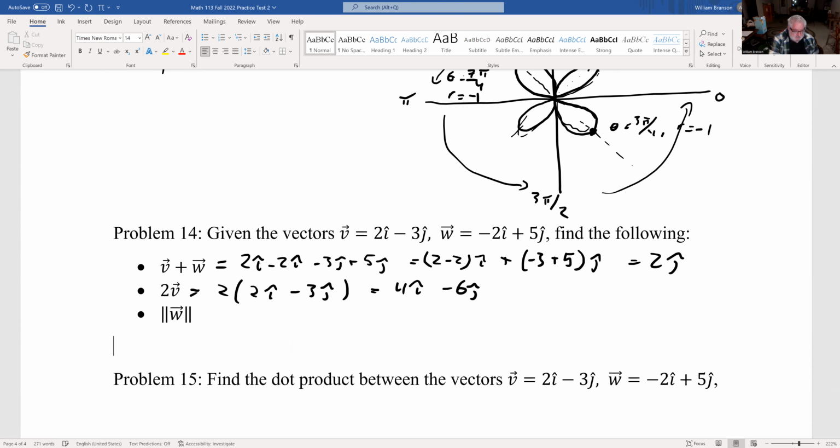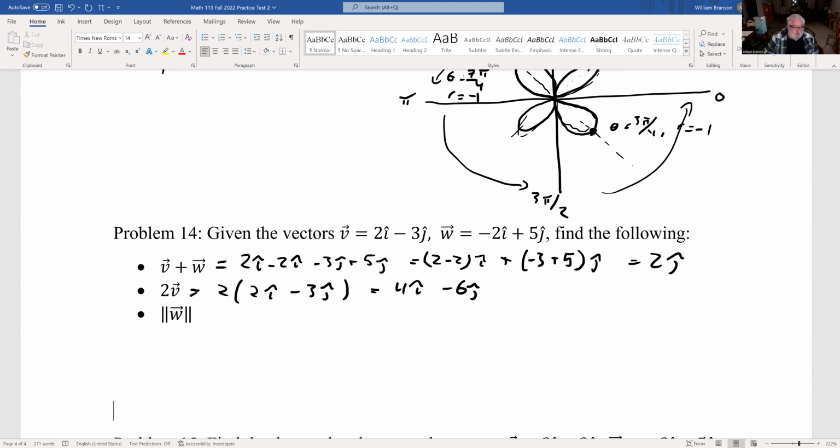Okay, finally, for the length of a vector, this is the length of the vector w. Keep in mind that the vector w is minus 2 i hat. i hat means in the x direction. So your x coordinate is minus 2. Y coordinate is 5. So it's a vector like that. And all we want is what's the length of this side.